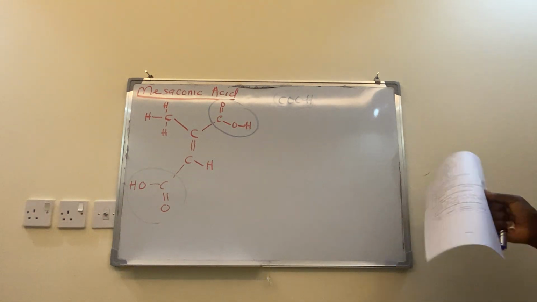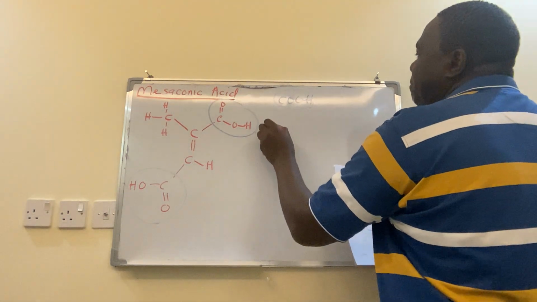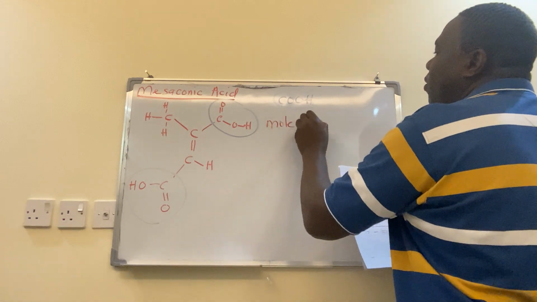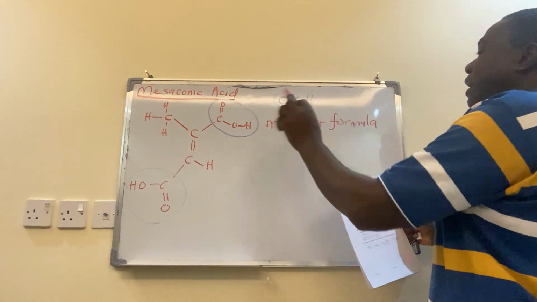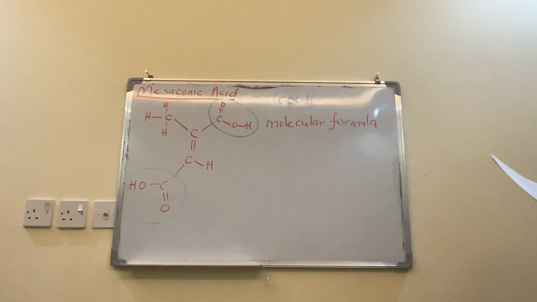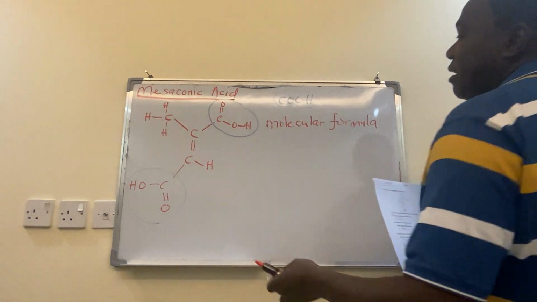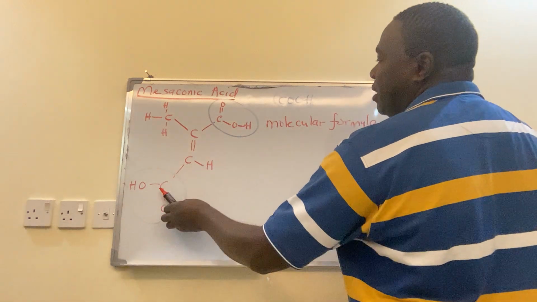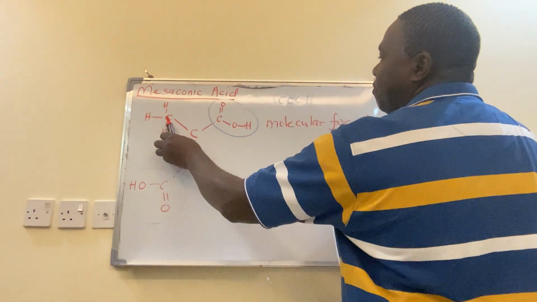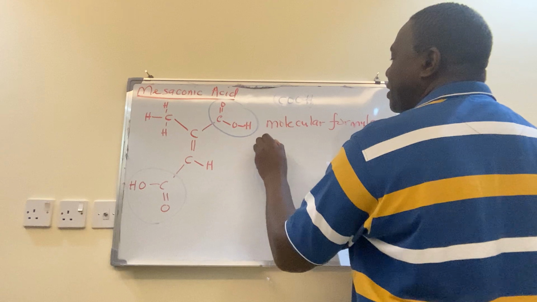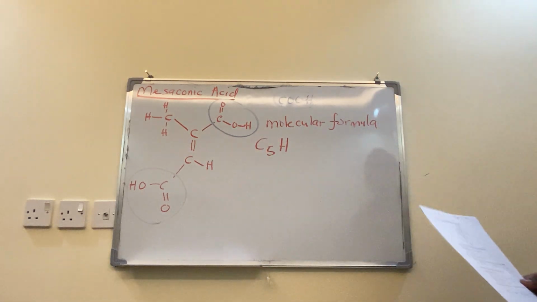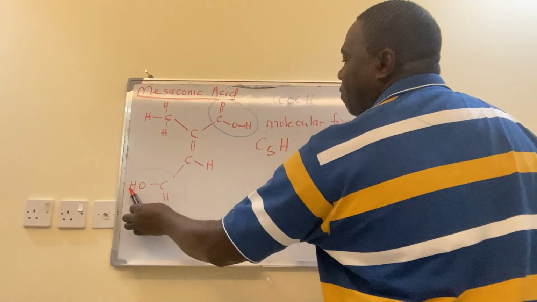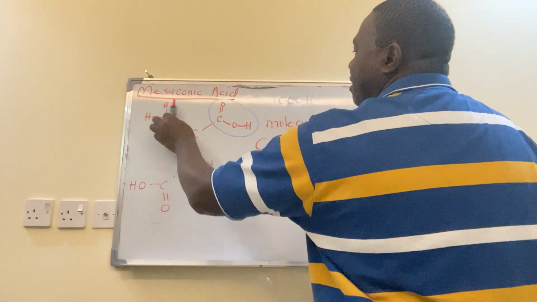When you are talking of molecular formula, all we have to do is just count the actual number of atoms present. So let's just do it together. Mesoconic acid, let's start with carbon. 1, 2, 3, 4, 5. So I write C5. And we also have H. We can count our H. 1, 2, 3, 4, 5, 6.